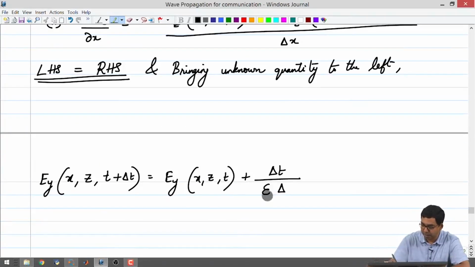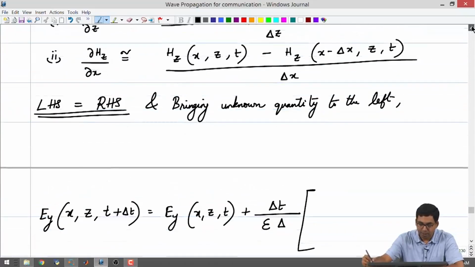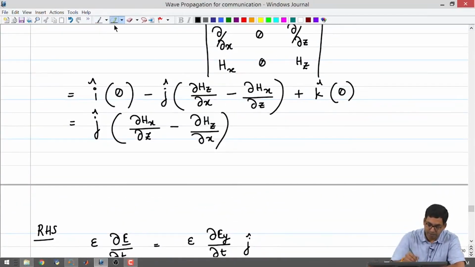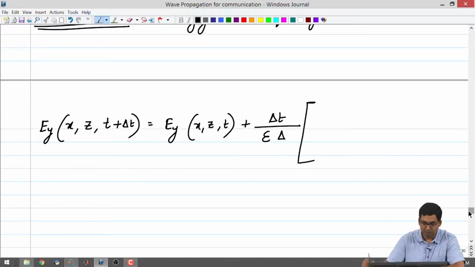So, I can have delta t divided by epsilon delta, and then I can write down this term inside of that. Okay. So, I have ∂Hx/∂z minus ∂Hz/∂x. So, I can write down the difference form of that here, right.